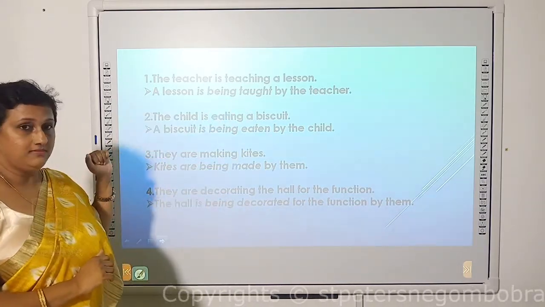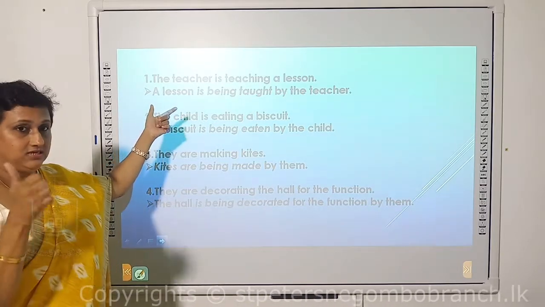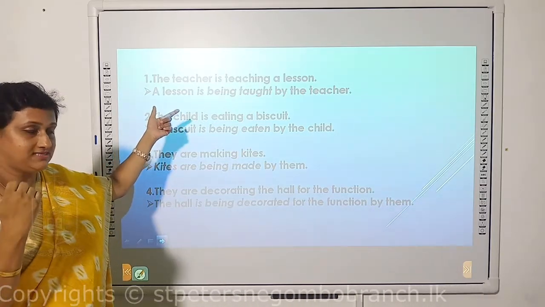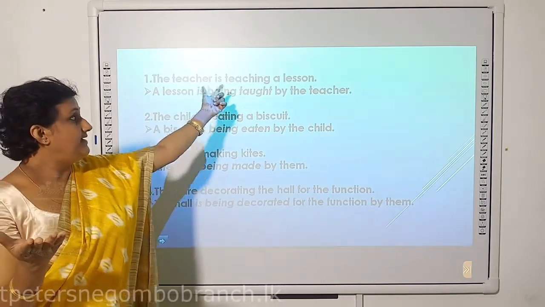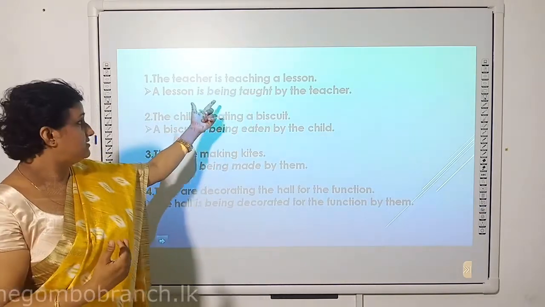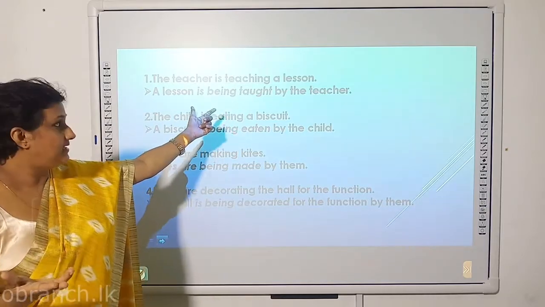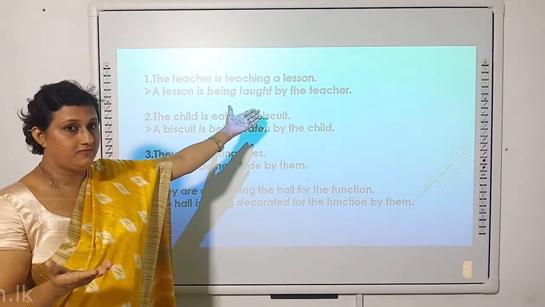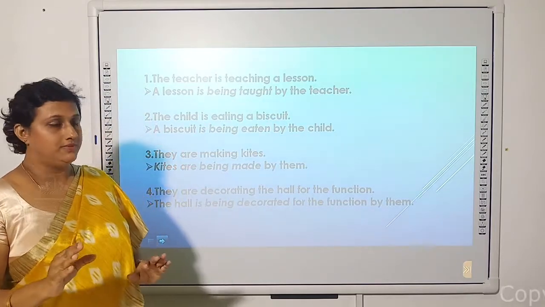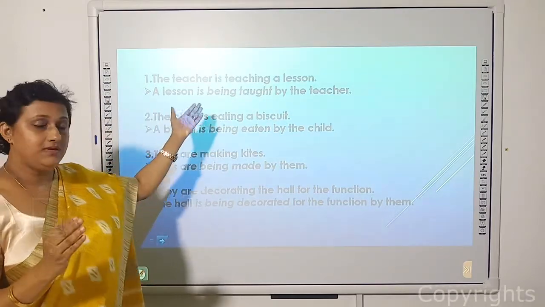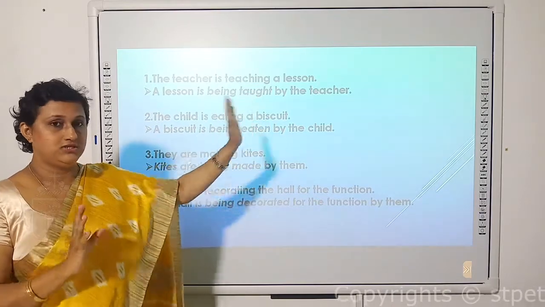A lesson is singular, so you have to use is. Then the word be-ing has to be used because this is teaching, continuous formation. And then the past participle of the word teach, and then by the teacher. It's very simple, children. A lesson is being taught by the teacher.